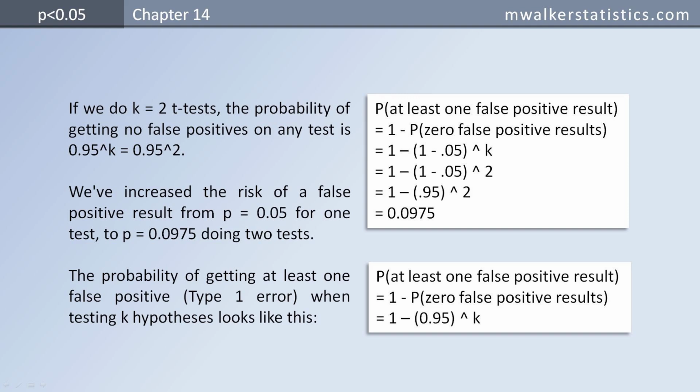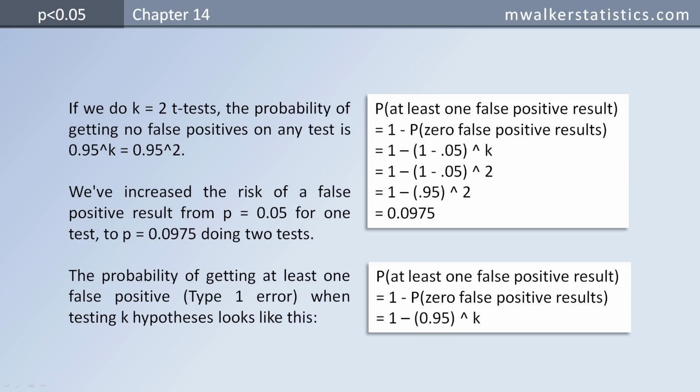If we do k equals 2 t-tests, the probability of getting no false positives on any test is 0.95 to the power of 2. We've increased the risk of a false positive result from p equals 0.05 for one test to p equals 0.0975 doing 2 tests.